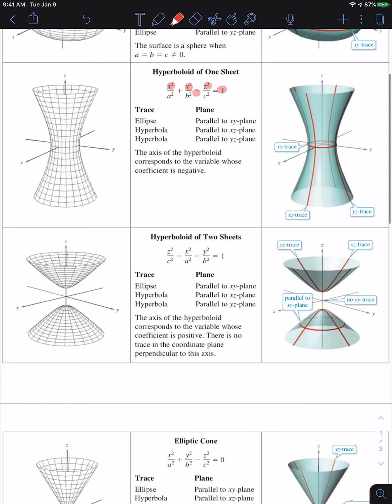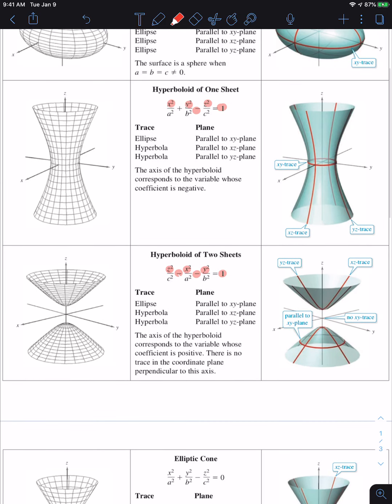A hyperboloid of two sheets means that I have x squared, y squared, and z squared, with all subtraction signs, and a 1 on one side. So this is a hyperboloid of two sheets, and obviously it has quite a different shape. Why is it called two sheets versus one sheet? Because it's in two different pieces.